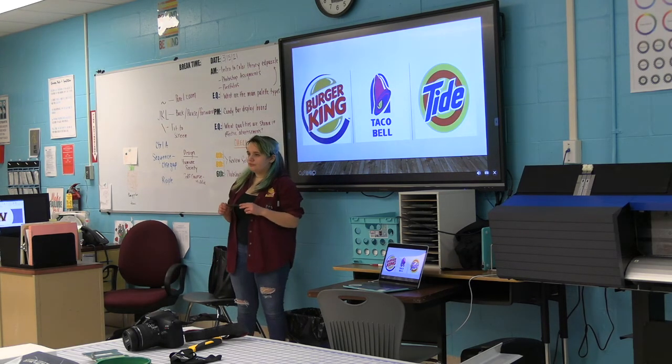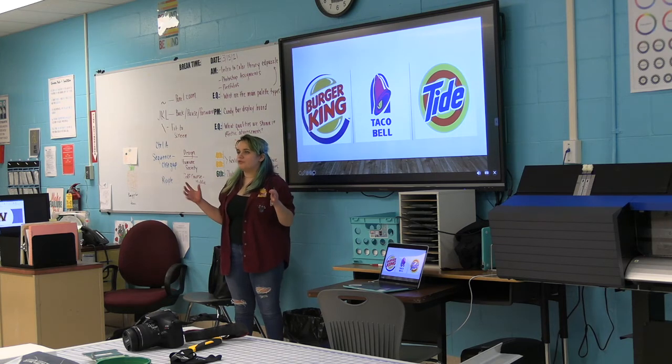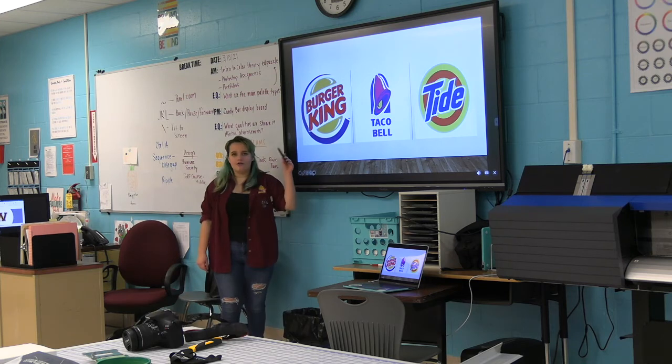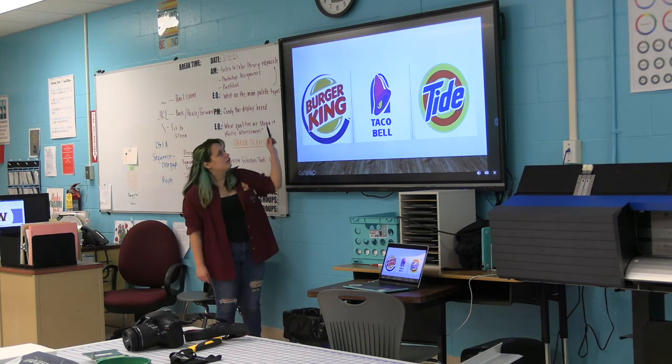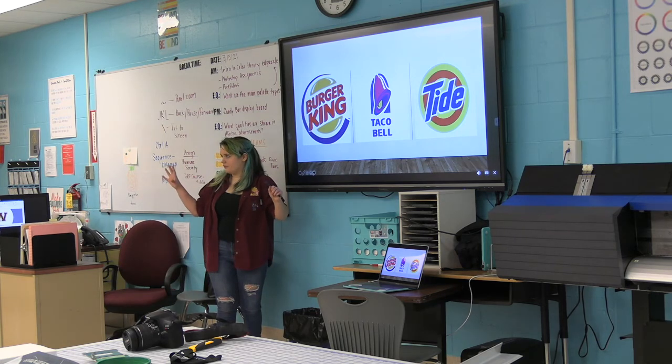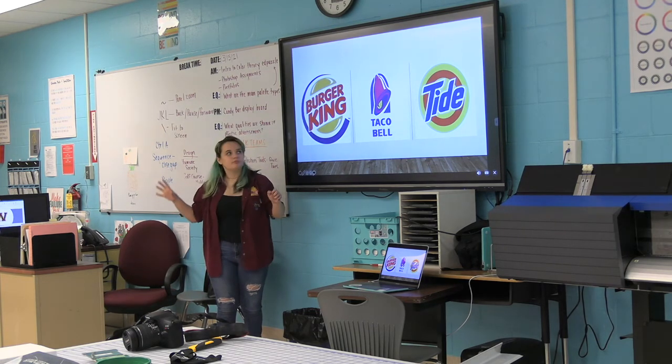Now, whenever people design logos, there's a lot of thought that goes into picking colors, because not only do you have the psychological color theory, like red meaning passion and excitement and blue meaning calm, serenity, spirit, a lot of work goes into deciding whether or not they want to go with a certain color scheme. Burger King is all primary, it's all bright, it's very in your face.